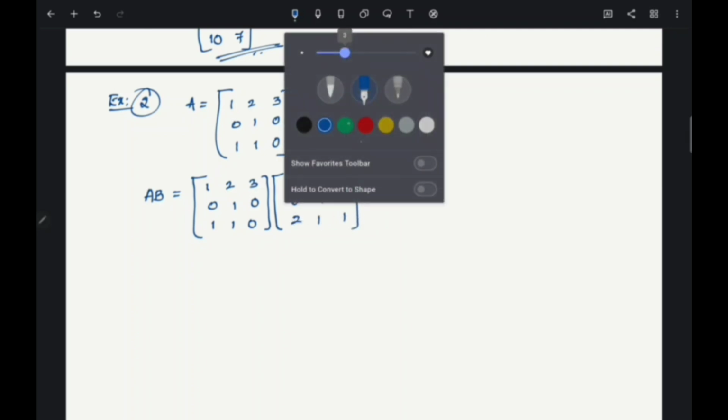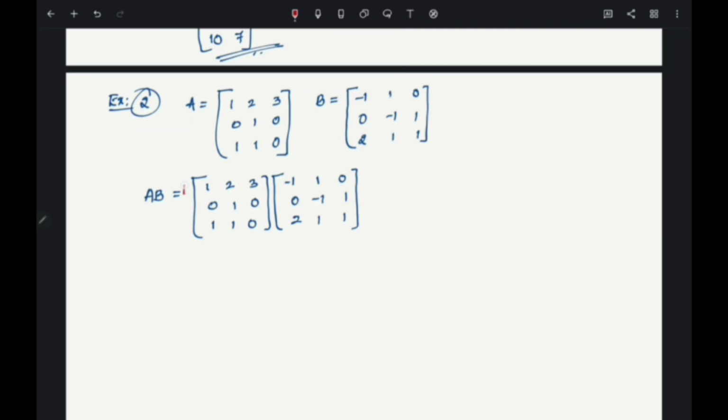Now what you have to do? First understand what are rows and what are columns. This is row 1 which you have to take, and next you will be having row 2 and then row 3. Next you have to take up for the second matrix C1, C2 and C3. So what will you get as the result? If you multiply row 1 with column 1, you get the first element, that is R1 C1. Then if you multiply row 1 with column 2, you will get the second element.